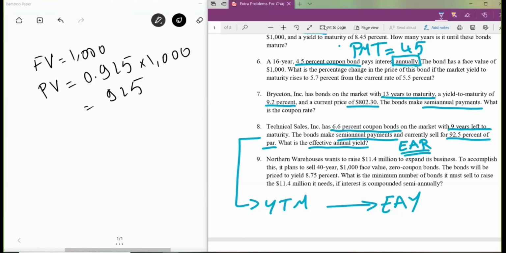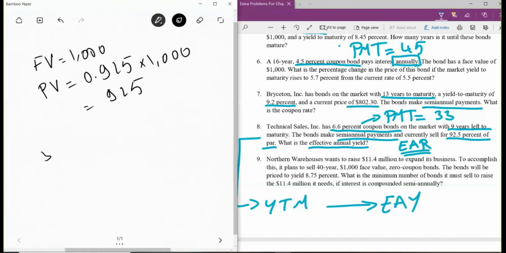So now, the payment is 6.6% times 1,000 divided by 2. So $33, this is PMT. 1,000, this is FV. And minus 925, this is PV. We have 9 years till maturity.